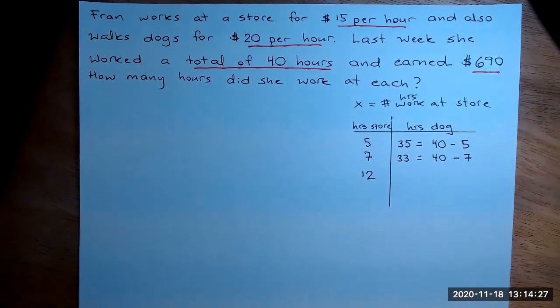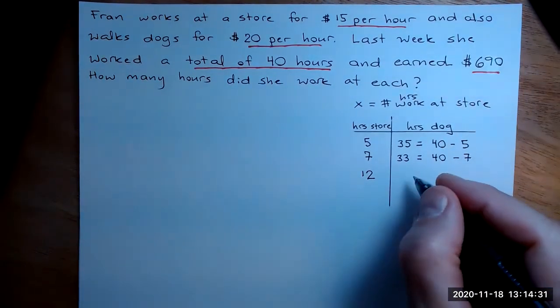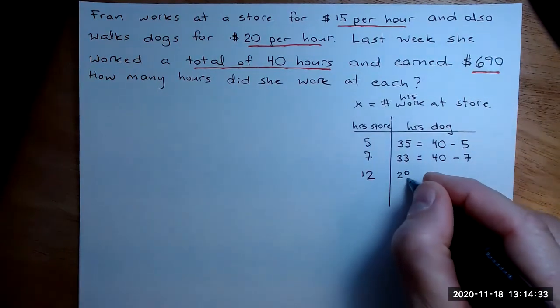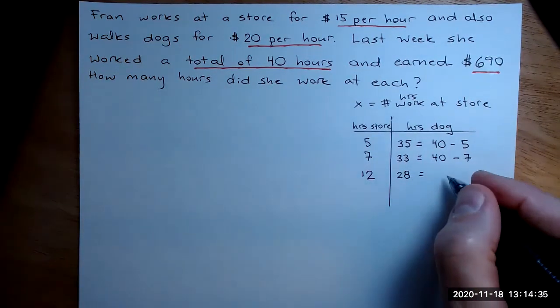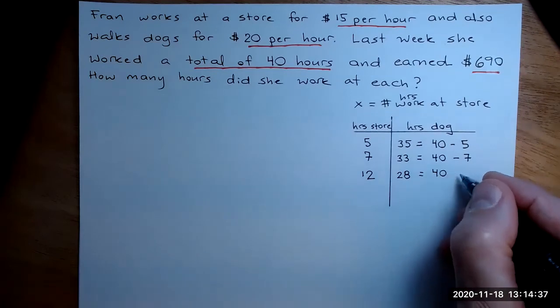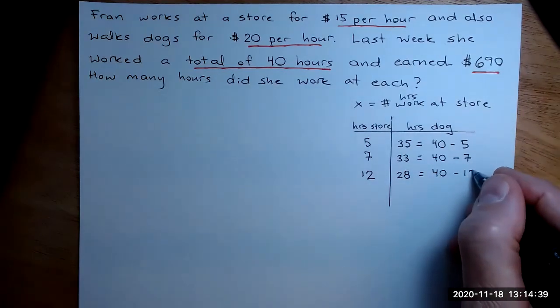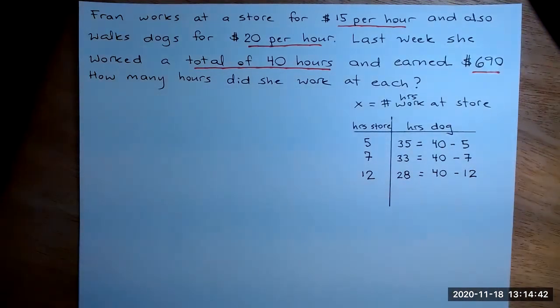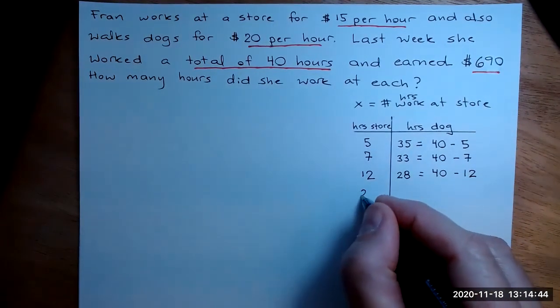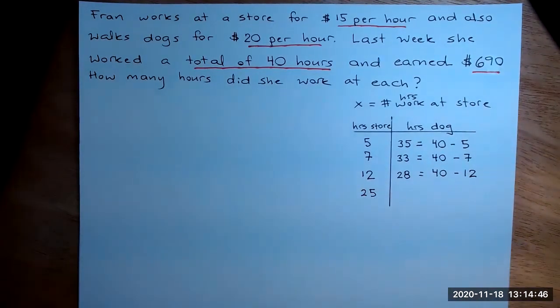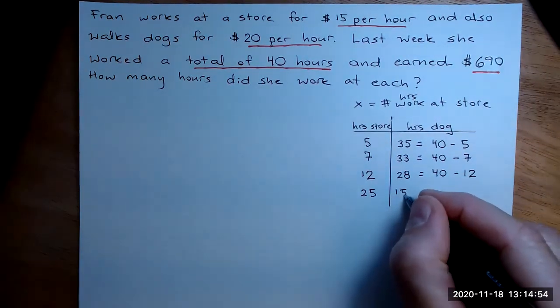How many hours would she have walked the dogs? That's right, 28. How did you get 28? What if she worked at the store for 25 hours? How many hours would she have spent walking the dogs? That's right.